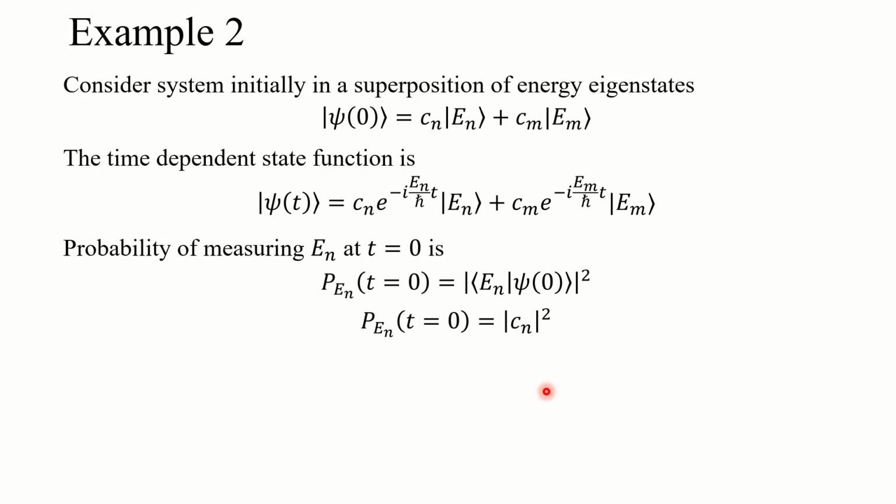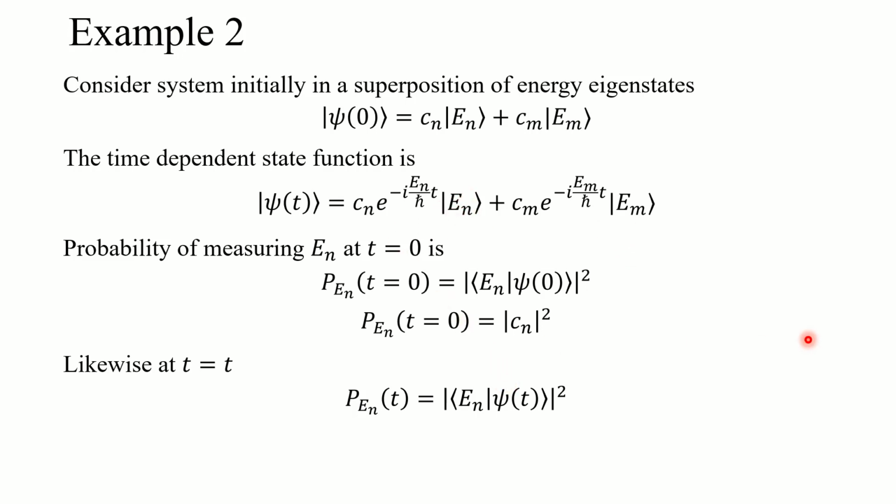I get that probability. If I look at it at some later time t, I do the same thing. I take that inner product of the nth eigenbra with this state function as a function of time. Again, this term is orthogonal to the E_n bra, and this inner product goes to 1.